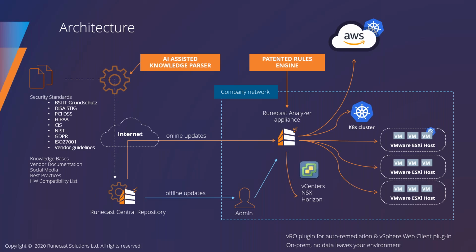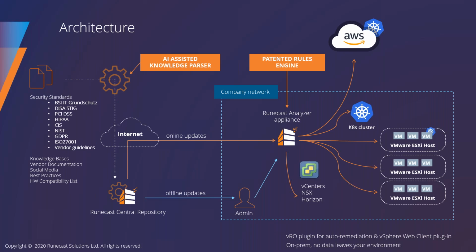As we release weekly updates, you can either connect it via secure proxy to our central repository so that it can update itself automatically without any human intervention. Or you can set up a local repository, or simply download an offline update file from your Runecast.com profile, attach it to the Runecast Analyzer virtual machine, and perform the updates this way.